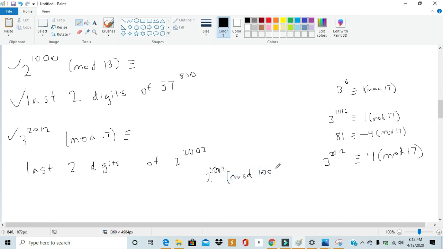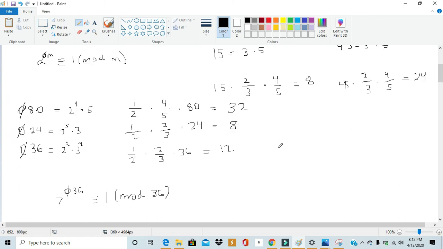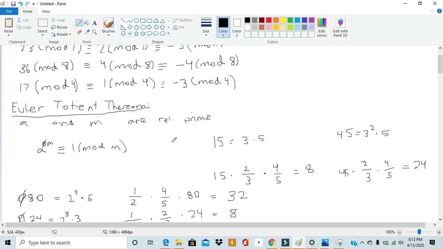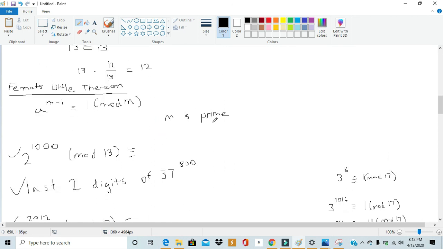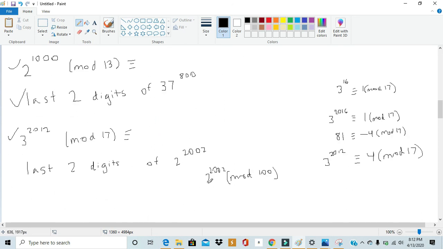Now, this is where it gets interesting, because although at first glance you may be tempted to use Euler's Totient theorem, remember that only works when A and M are relatively prime. In this case, 2 and 100 are not relatively prime with one another. So you gotta think a little harder.